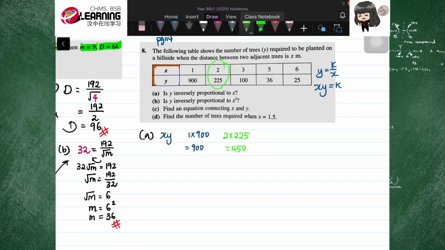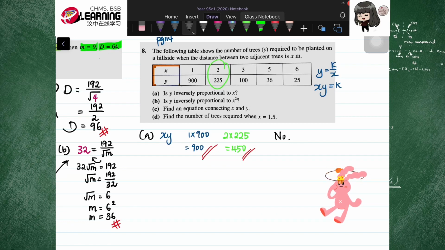If it's different, it's definitely no. It's not inverse. Don't just write no. You must show that it's 900 here, and this one is 450, which is different, so it's no. The k is not the same.